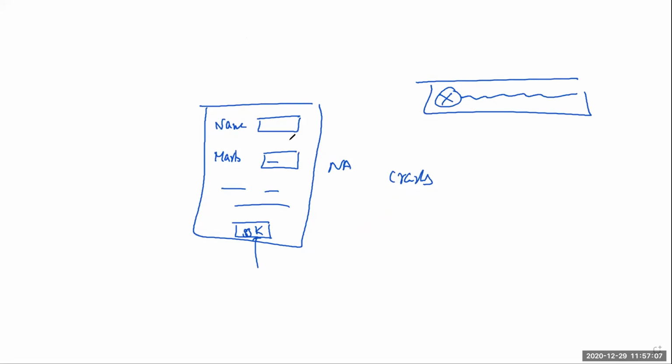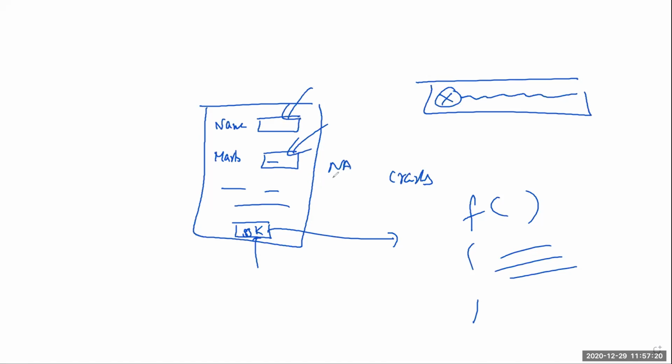So when the person clicks on this OK button, at the back end there is a function which is called, and this function is actually reading data from these different fields, doing some processing and storing data somewhere so that we can retrieve it later.